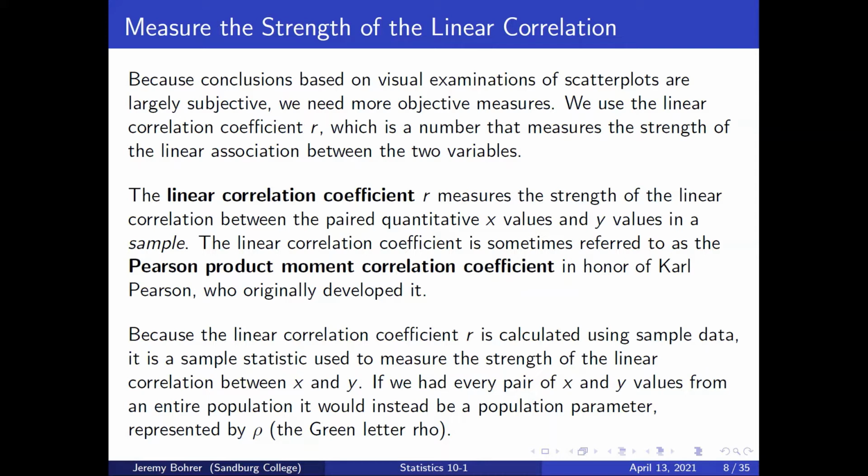Because R is calculated using sample data, it is a sample statistic used to measure the strength of the linear correlation between x and y. If we had every pair of x and y values from an entire population, it would instead be a population parameter represented by rho, the Greek letter rho.